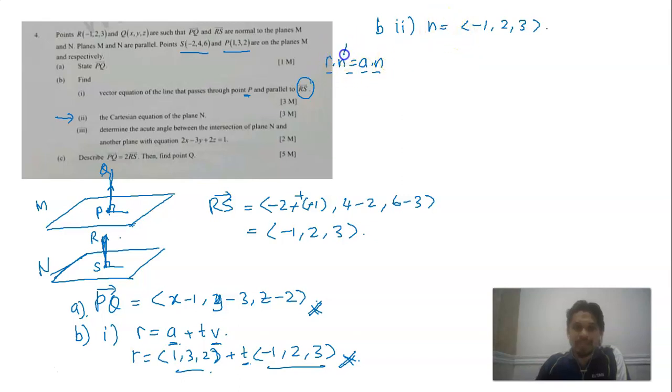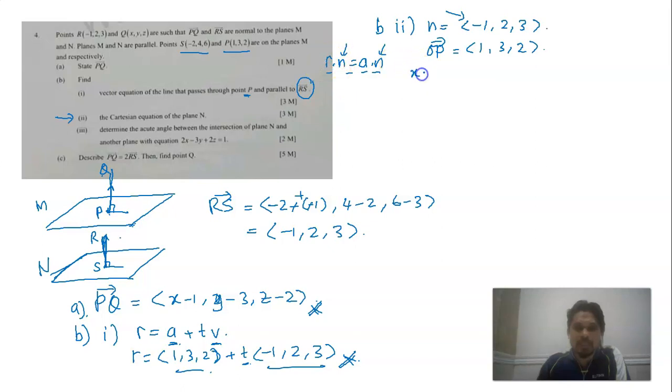So this n is already here now. But for a, we use P as a reference for this question. So a equals OP, which is P. The coordinate of P is (1, 3, 2). So r dot n, with r equal to the coordinate (X, Y, Z).